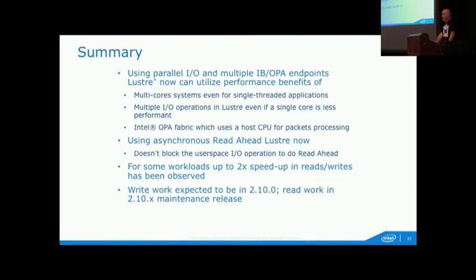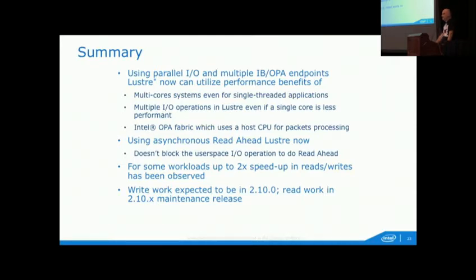Also, systems with OmniPath Fabric will get benefits from this work. And using an asynchronous thread, Lustre now doesn't block the user space thread, and read operation became better. From the performance numbers I just showed, you can see that on some workloads, up to twice speedup for read-write operations was observed.